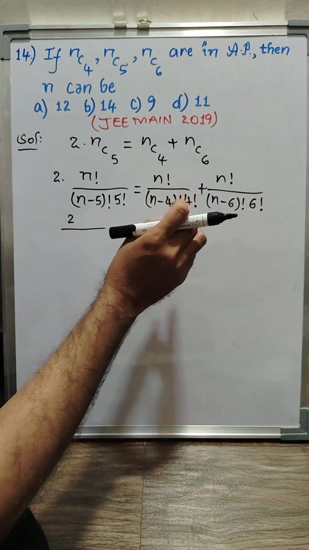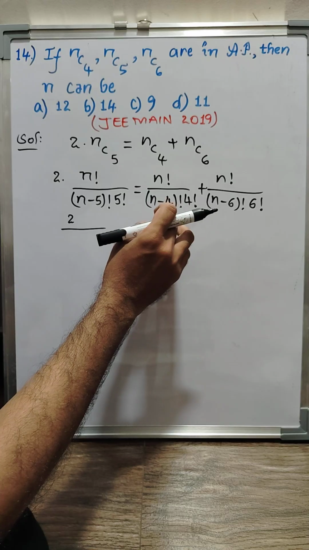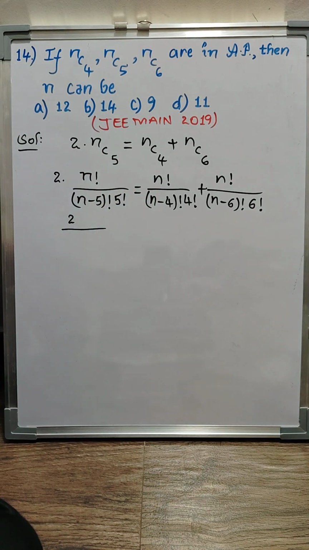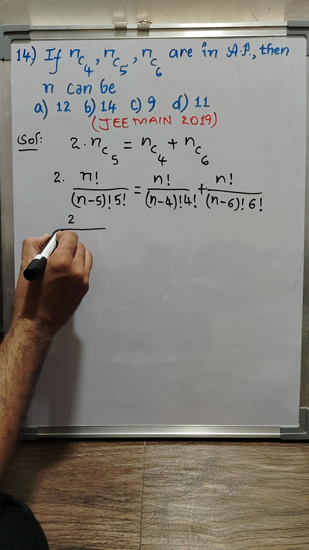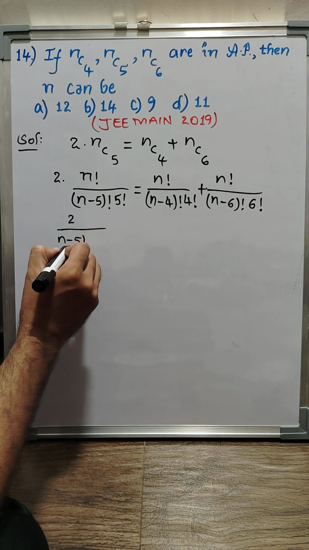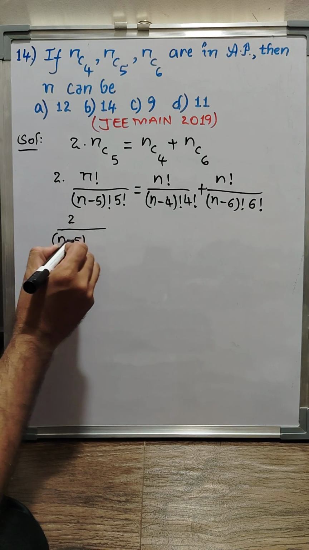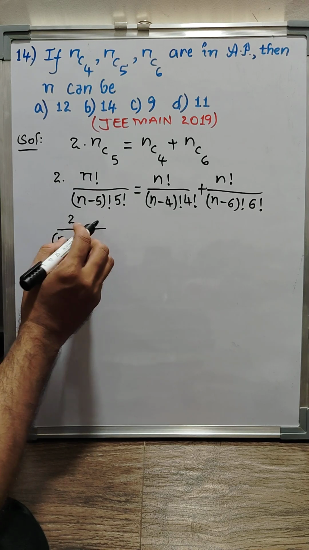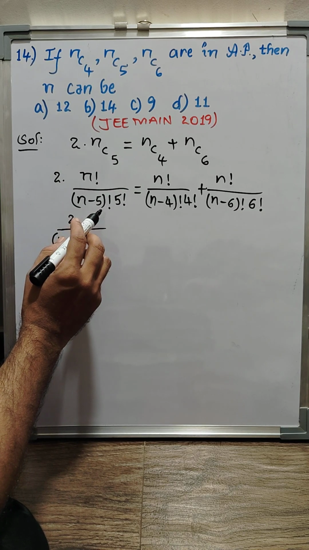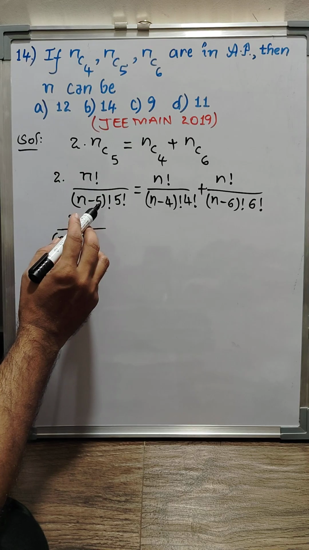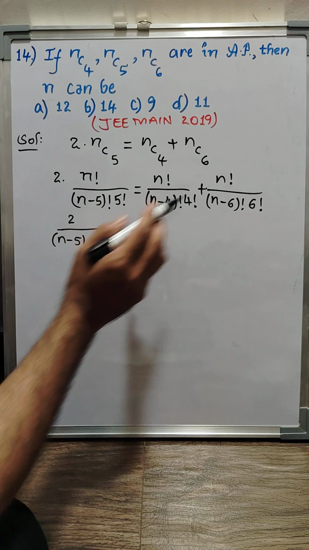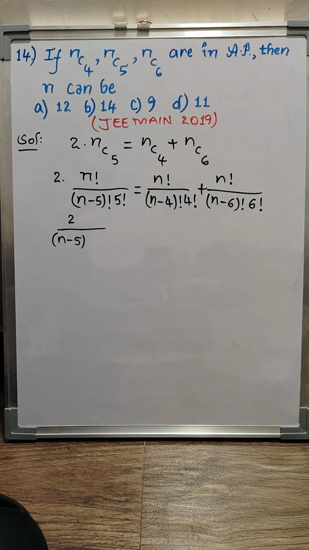Denominator 4 factorial and (n minus 4) factorial common, and numerator n factorial common. 2 by (n minus 5) factorial, we can write as (n minus 5) into (n minus 6) factorial, and so on. So we can say that (n minus 6) factorial is common in this.